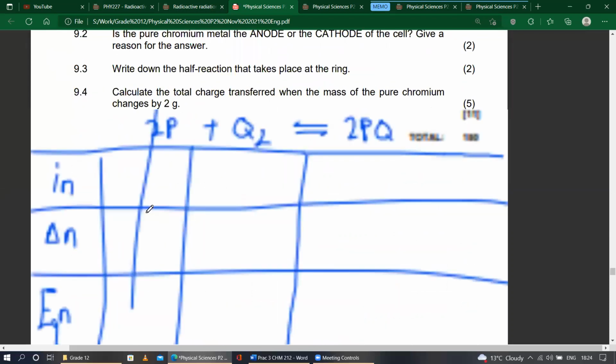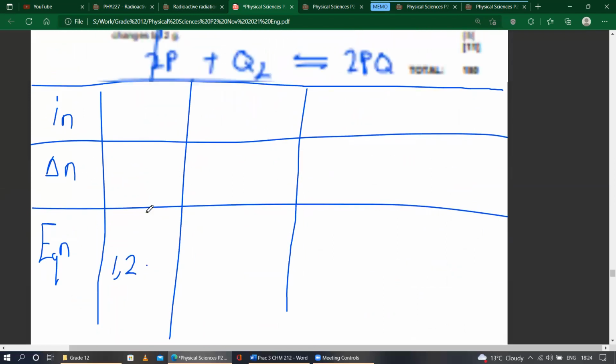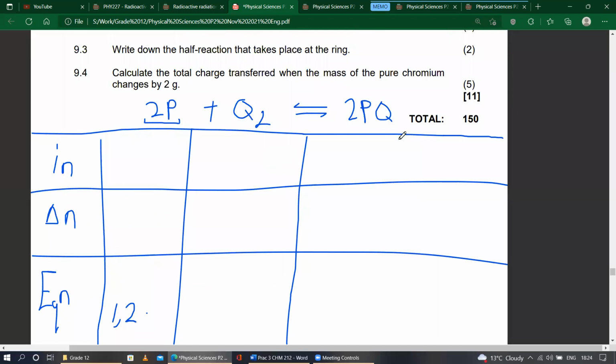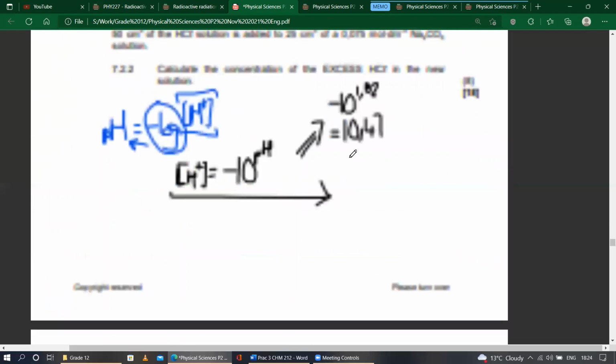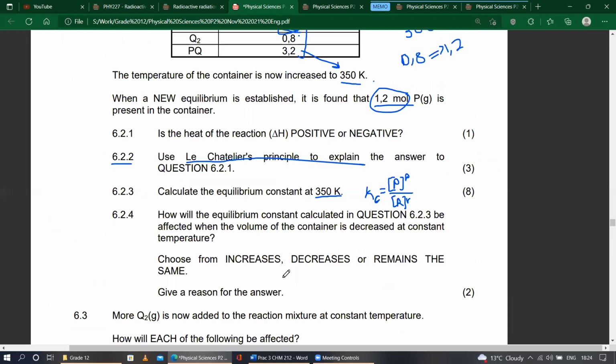Where's the space again? So I'm just gonna write change is gonna be 0.6. So from the information, right, the initial conditions of the reaction, we know the amount of this is 3.2, because they gave us the initial conditions in the table, right?